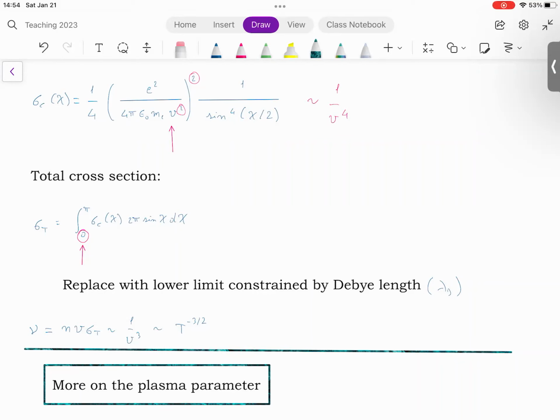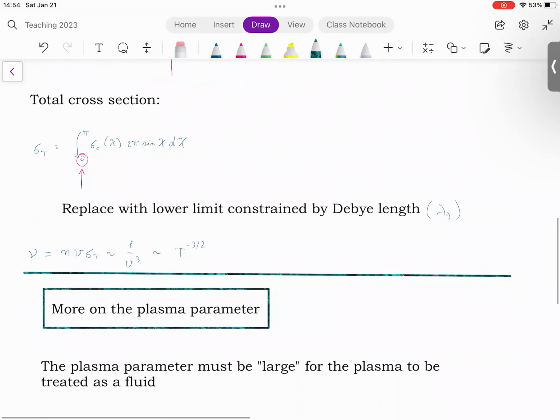We'll come back to this, but the idea is that this is true because a fluid description of a plasma is a description of the average behavior of the particles in my plasma.